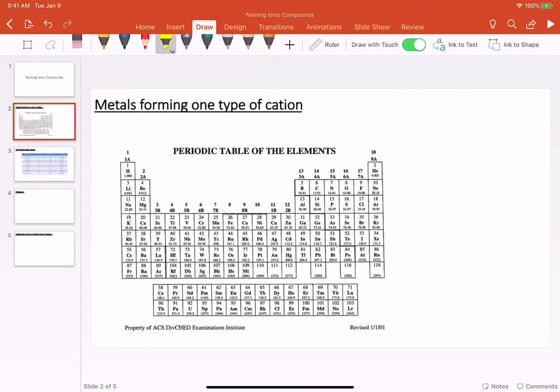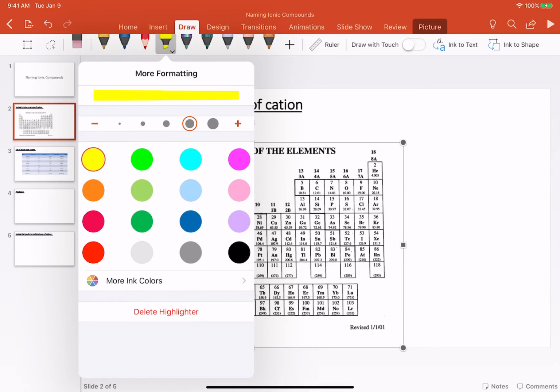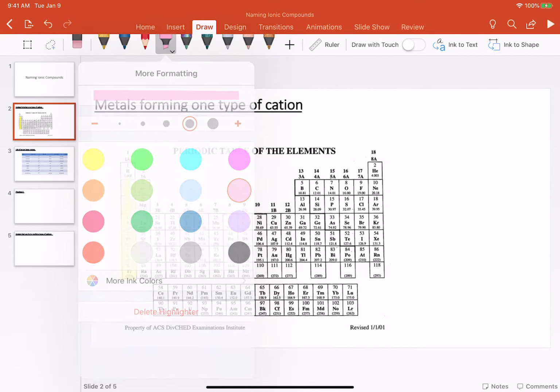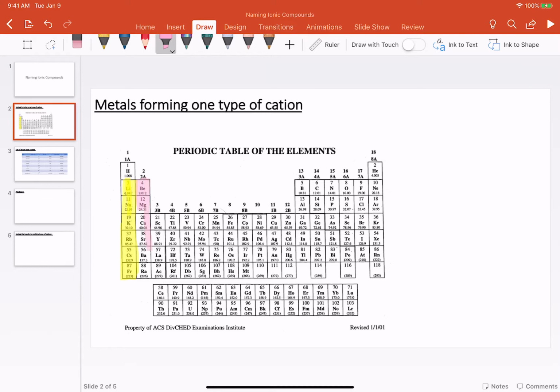It's going to be the metals that are in group 1 and group 2. So it's going to be this group here, that's group 1, and group 2. These are the metals that form only one type of cation. Notice how hydrogen is not considered a metal.